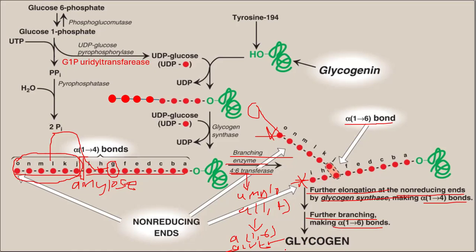By doing so, you get that branched molecule, which is a homopolymer of glucose known as glycogen. So this process of glycogenesis is a cytosolic process. All these enzymes we have just stated are exclusively found in the cytoplasm or the cytosol.